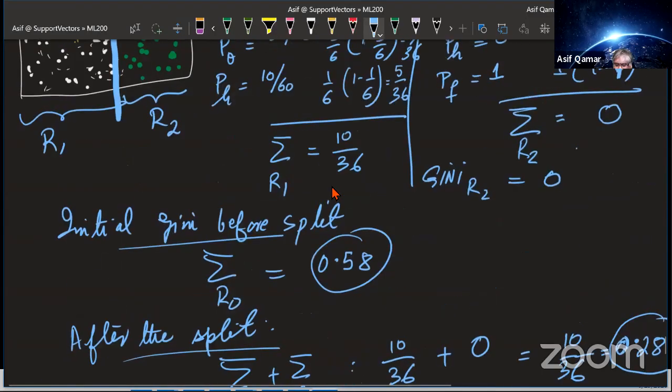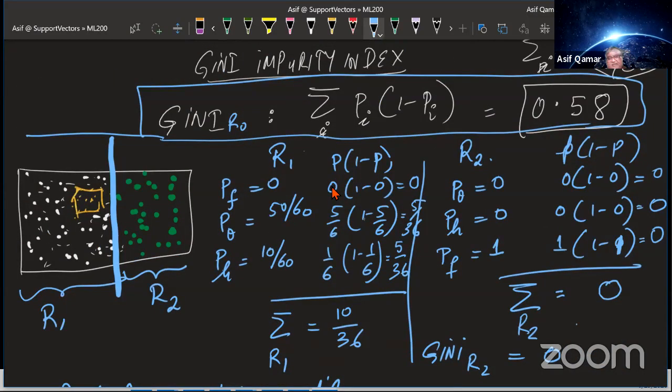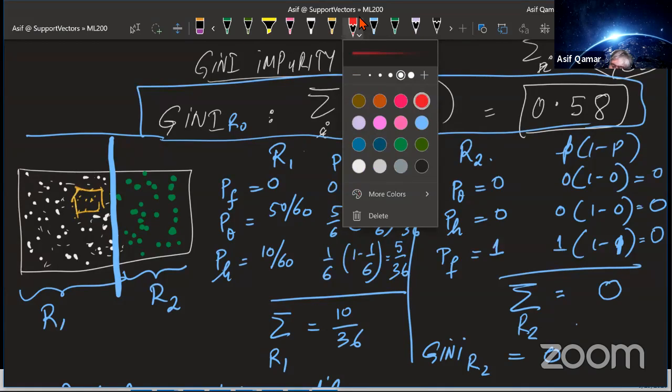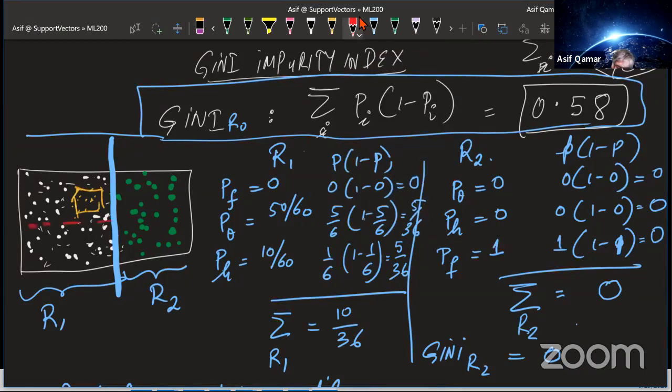Now look at this picture and ask yourself, if you had done the split anywhere else, would you have gotten a better split? For example, if I had done this split instead, a horizontal split between the above and the below, I won't go through the full calculation, but would that have been better?